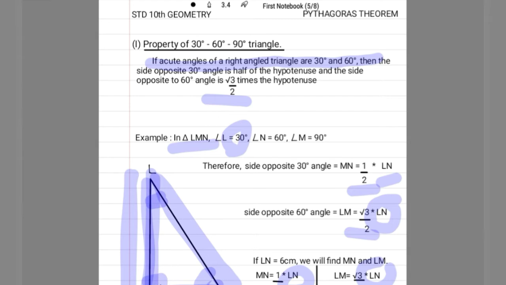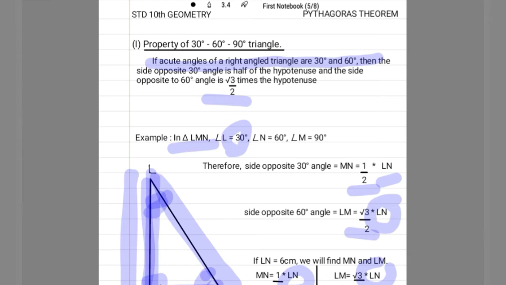If one angle is 90, then the sum of the remaining two angles would be 90, right? Because the total sum of the interior angles is 180 degrees. If one angle is 90 degrees, the sum of the other two angles is 90 degrees, so one can be 30 and the other 60.